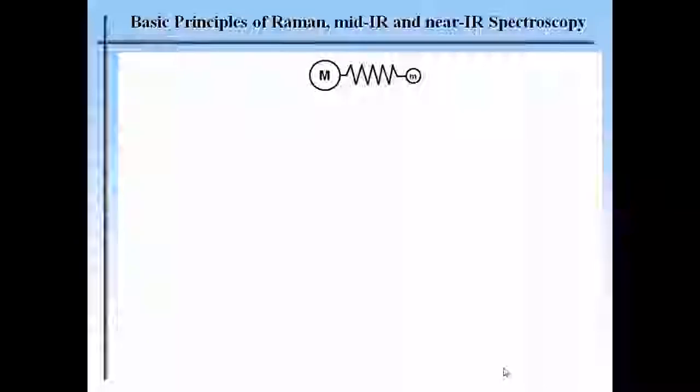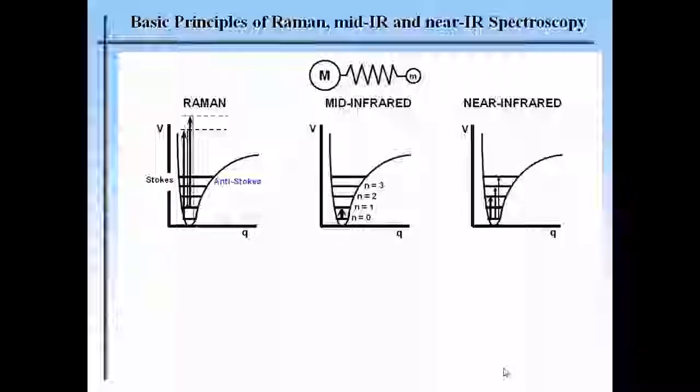Now let us compare the basic principles of Raman, mid-infrared, and near-infrared. Now it gets a little bit more serious. It's anharmonic. Such an atomic oscillator oscillates anharmonically. If it would oscillate harmonically, this would be a parabolic shape.